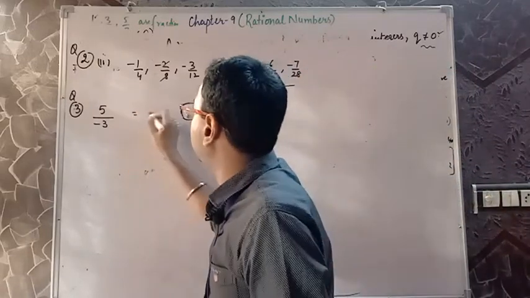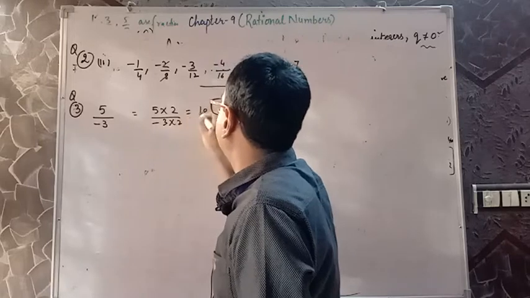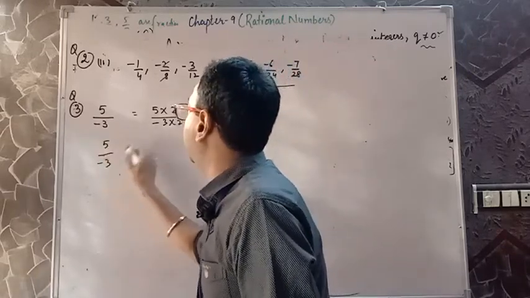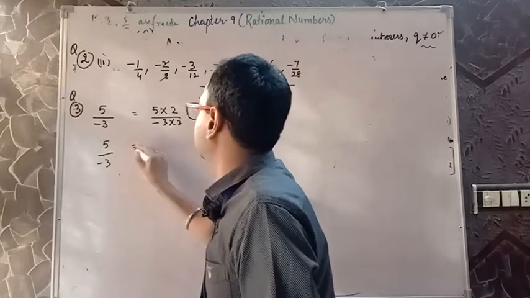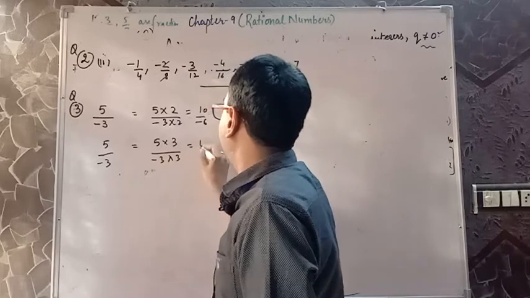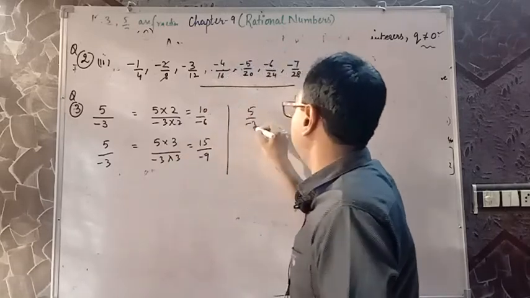First of all, what I can do? I can multiply with 2. What I'll be getting? 10 by minus 6. Next, I'll be multiplying with 3. I'll be getting 15 by minus 9. Next, 5 by minus 3. What I'll do?